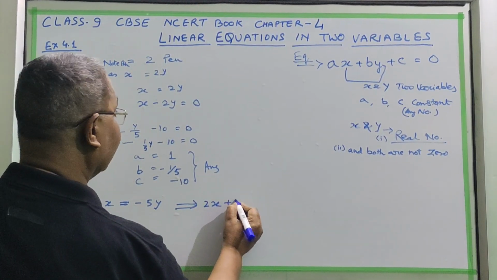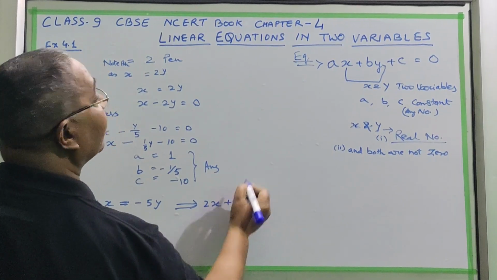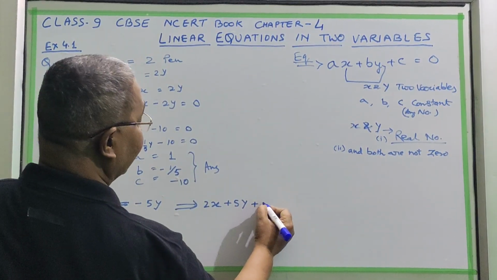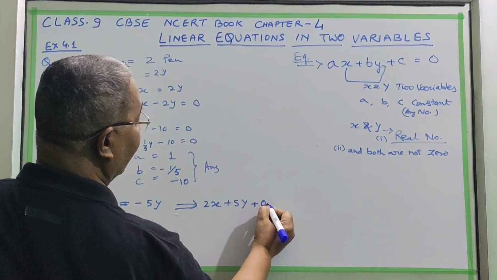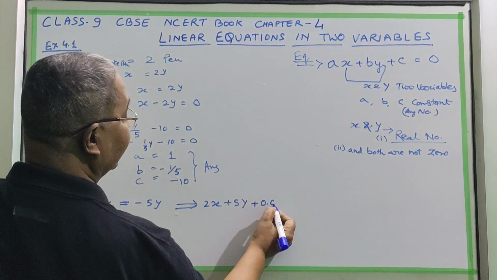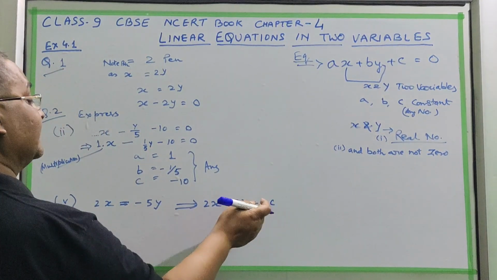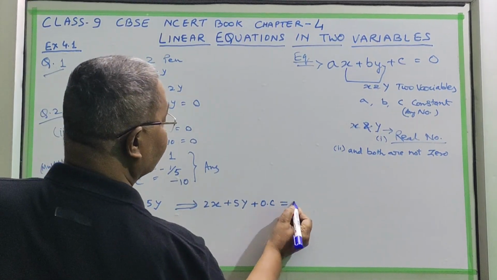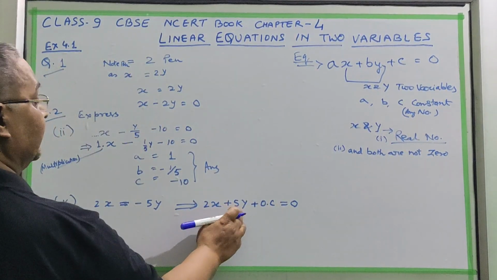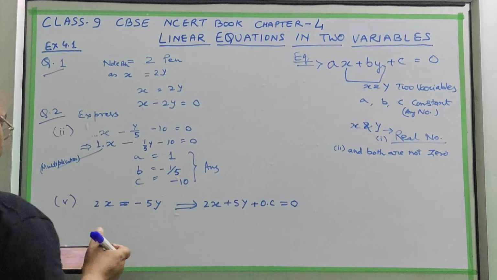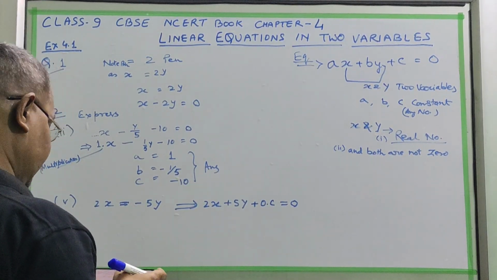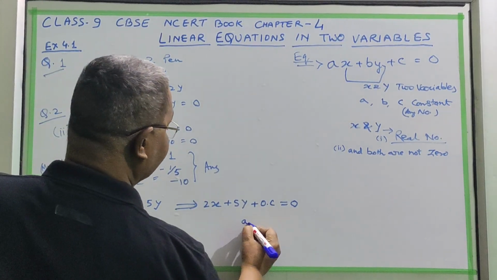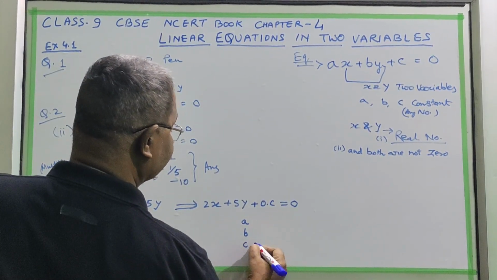So plus 5y. Now b also comes, but c is not given. So c you can write as 0, and its value will be 0 and it will not affect your equation. So this equation is complete: ax plus by plus c equal to 0 you have written. Now here the values of a, b and c you have to give. Answer: a equal to, b equal to and c equal to.